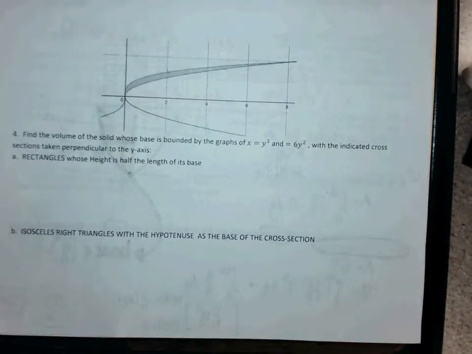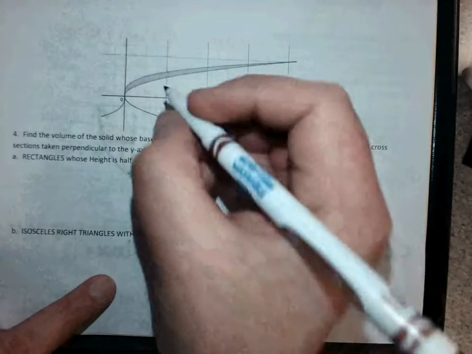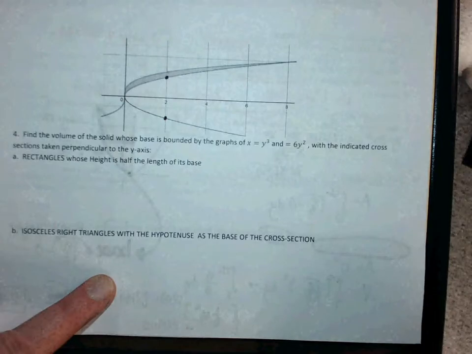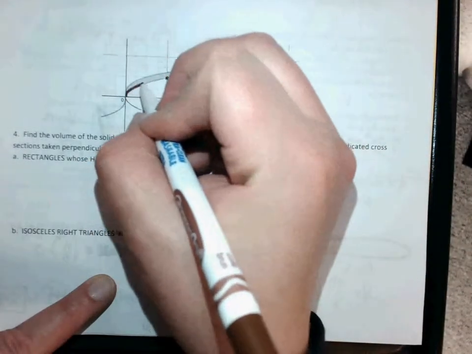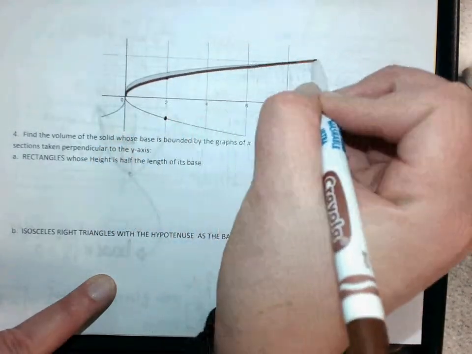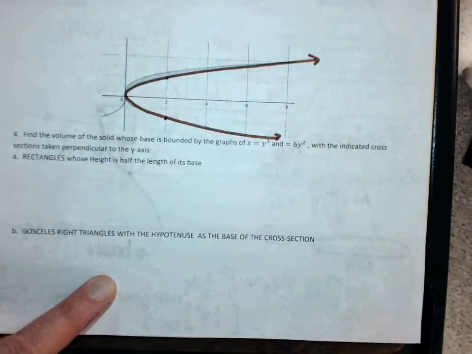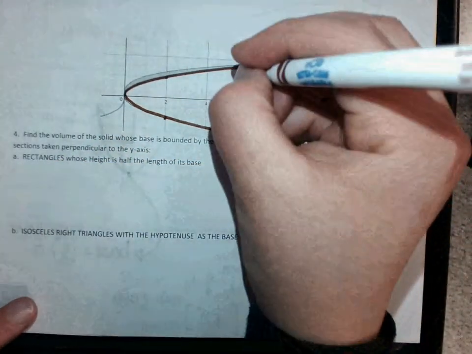This is why your graph should be symmetric, right? So if this one is 2 away, this one needs to be 2 away. So these branches are the x equals 6y squared.